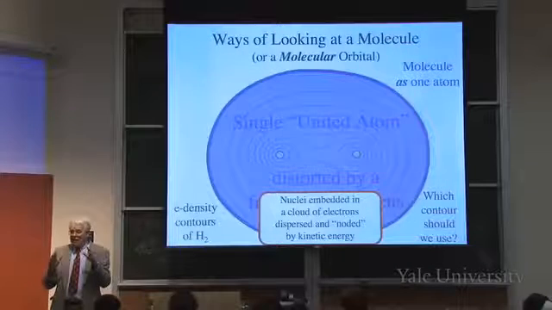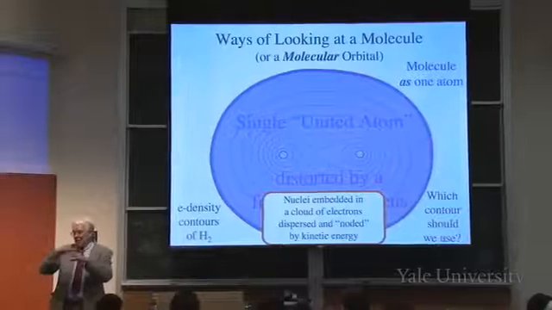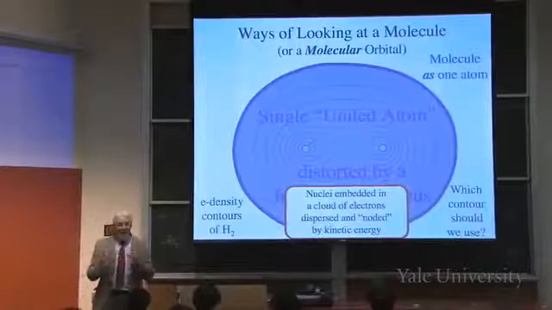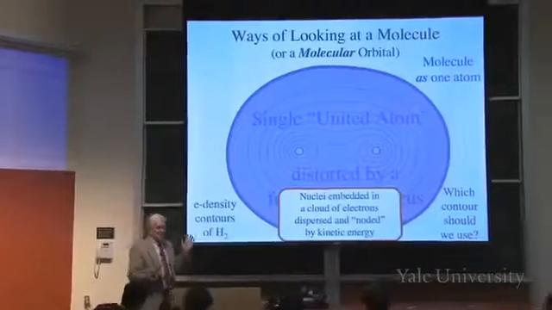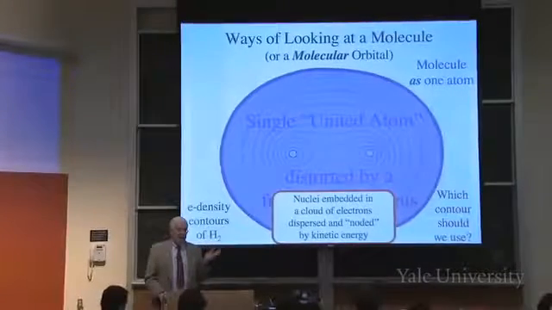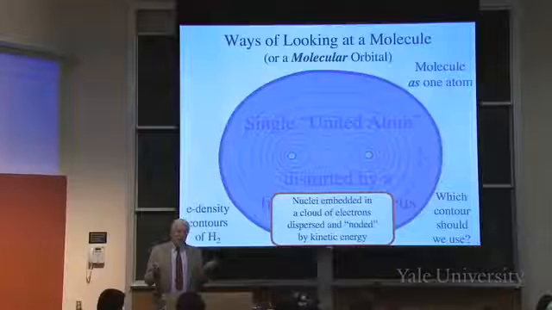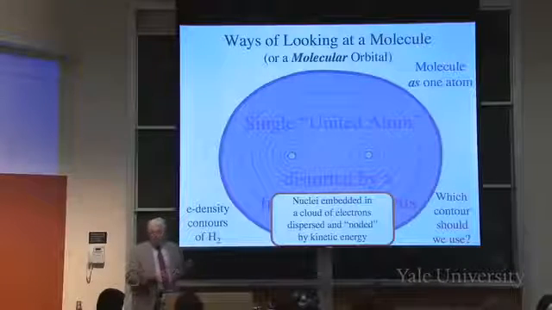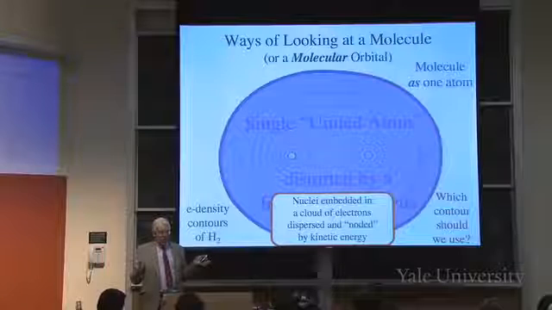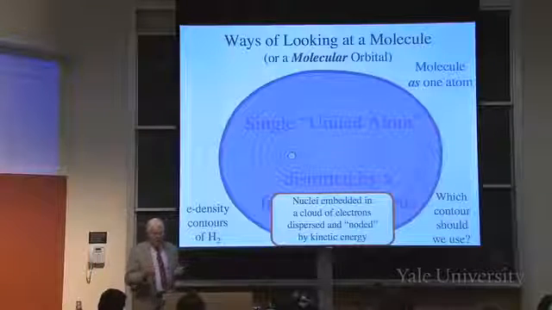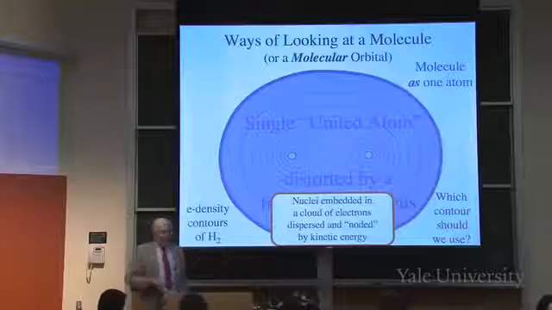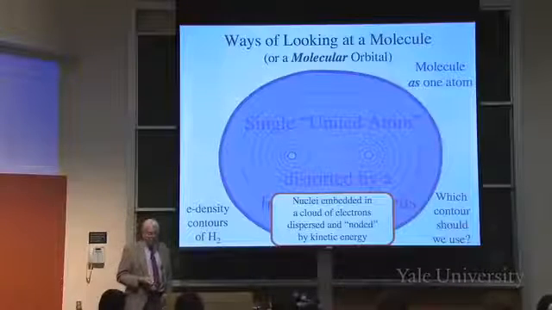What gives them their characteristic shape of nodes, planar nodes, spherical nodes, and so on, Elizabeth? It's the kinetic energy. And the same kinetic energy considerations will apply in a molecule as in an atom. It's always curvature of the wave function divided by the wave function. So the electrons are dispersed by electron repulsion and given nodes by the kinetic energy, and the kinetic energy also causes them to spread out, as we've seen before.